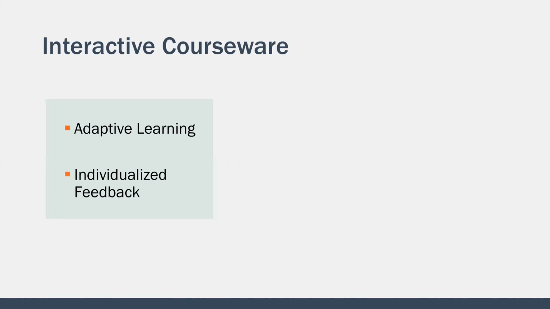Interactive courseware. The courseware that's being developed now, and a lot of it is very, very new, but they are trying to make it more reactive to what a learner is doing. And as the learner is engaging in activities and participating in the course, they are creating data.